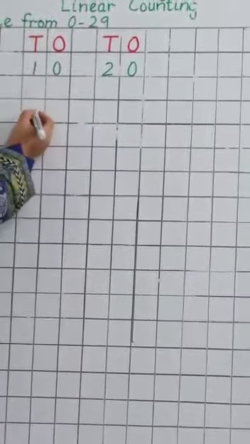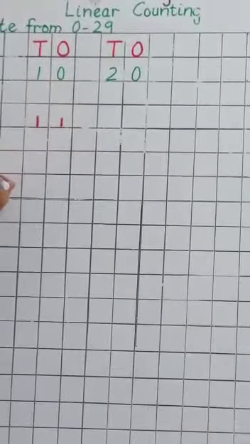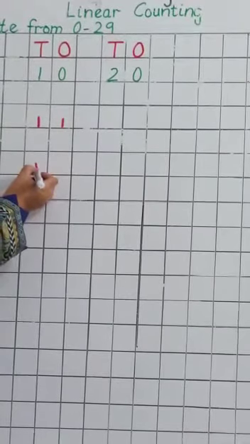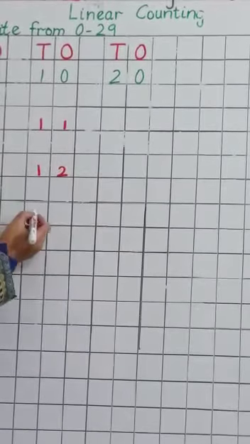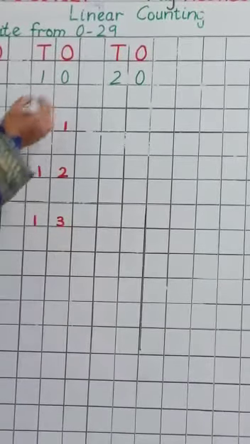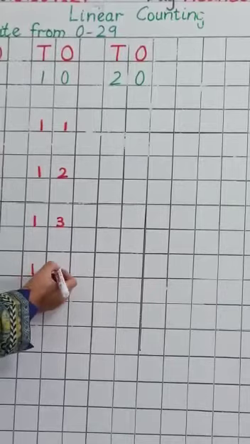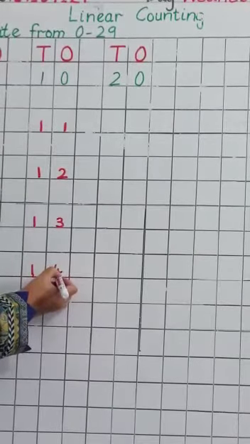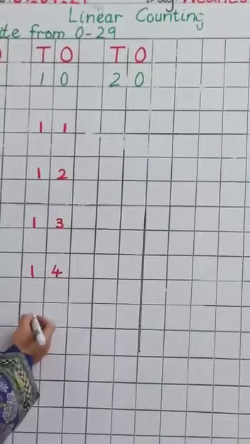Okay, now let's come over here. So look here. 10 and 1 makes 11. Good. 10 and 2 makes which number? 12. Wonderful. Okay. 10 and 3 makes 13. 10 and 4 makes 14. 10 and 5 makes which number? Yes, you're right.